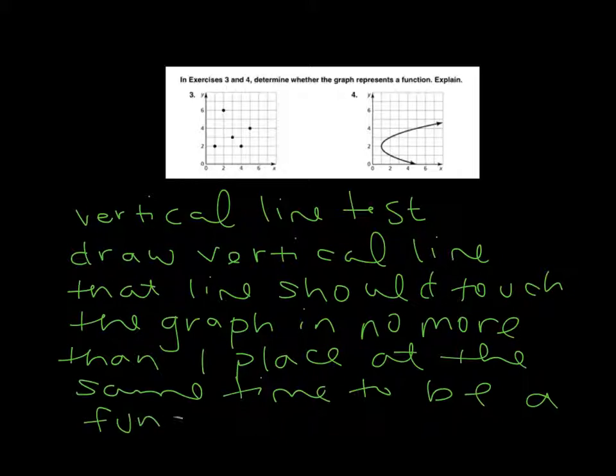Remember, if it's touching the graph in 2 or more places at the same time, what that means is that x is repeating. That's the only way that you're going to touch the graph in 2 places at the same time with a vertical line. And in order to be a function, no x can repeat with a different y. Okay? Don't forget when you do this part, you do have to explain why it is passing or failing the vertical line test. Okay? So go ahead and do 3 and 4, and then restart the video for the next section.